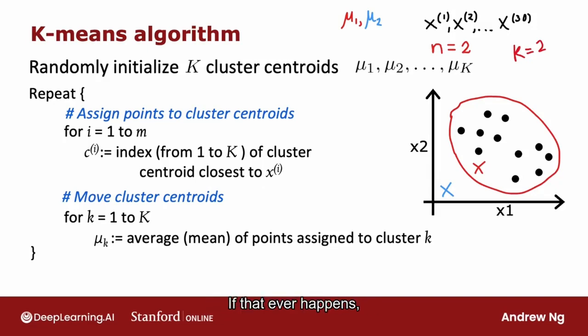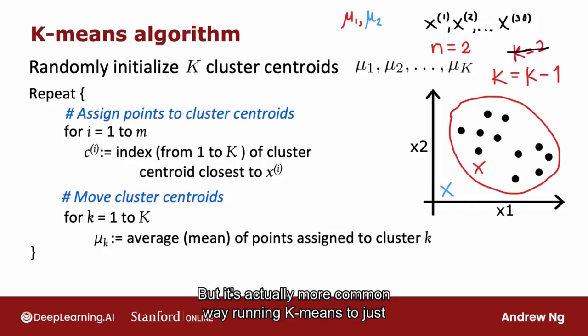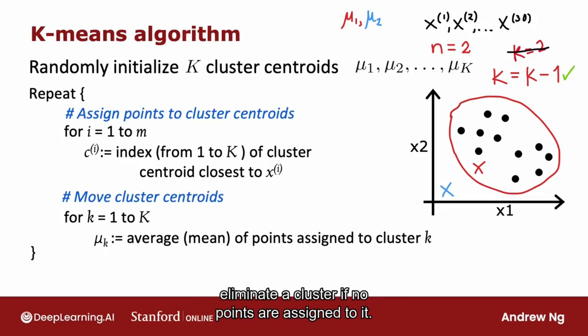If that ever happens, the most common thing to do is to just eliminate that cluster, so you end up with k-1 clusters. Or if you really need k clusters, an alternative would be to just randomly reinitialize that cluster centroid and hope that it gets assigned at least some points next time round. But it's actually more common when running k-means to just eliminate a cluster if no points are assigned to it.